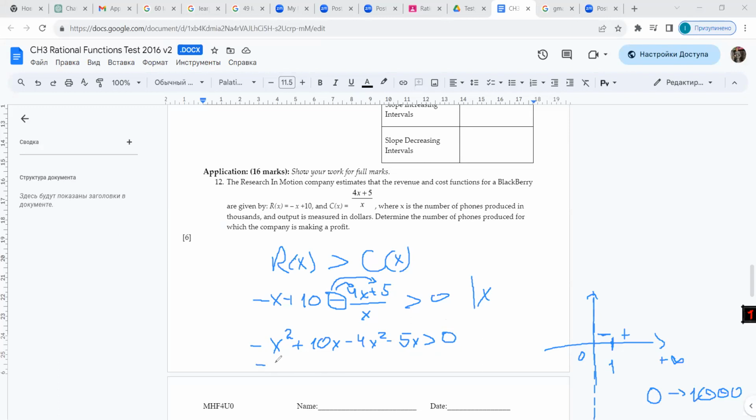I'm gonna get negative 5x squared plus 5x, right, more than 0. Now let's say I factor negative 5x in the bracket. I'm gonna get x minus 1.